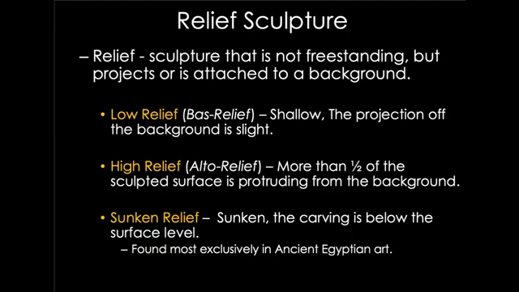There are different degrees of relief depending on the amount that is coming off of the background. There are three basic types of relief sculpture. You have a low relief, sometimes referred to as a bas relief, and that's a French term, and it simply means shallow. So it's projecting off of the background just slightly.